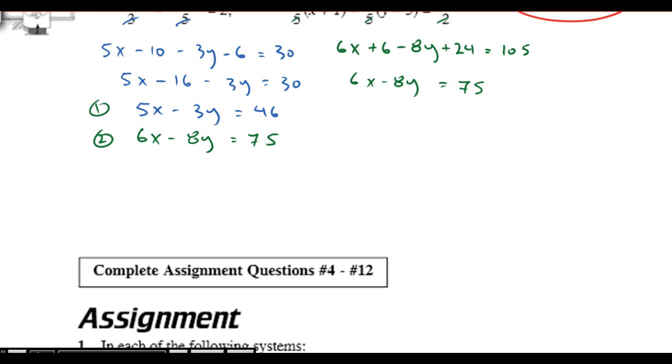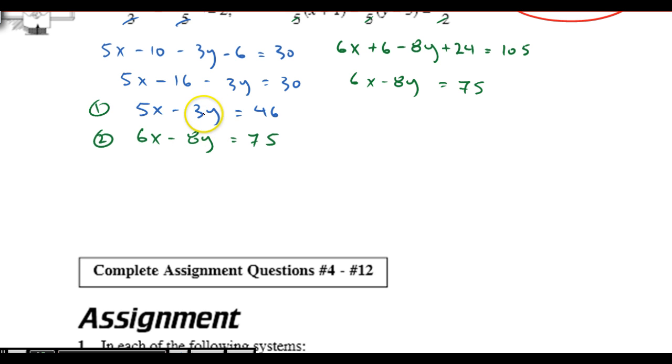And again, they're not the same, so I need to multiply them to get them to be the same. How do I get this 5 and 6 to be the same? Well, their lowest common multiple is 30. Actually, this might be a little bit easier to do this. The 3 and the 8, its lowest common multiple is 24. I guess it's probably about the same amount of work, so it doesn't really matter.